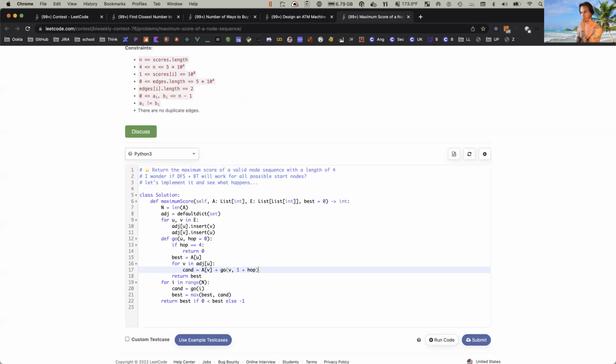Next hop for v, and then keep track of what's been seen too.